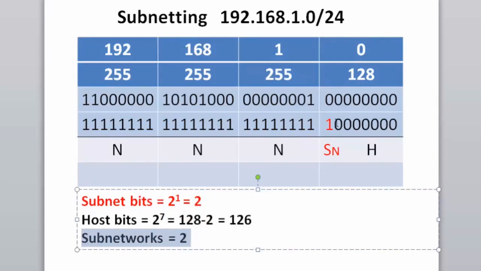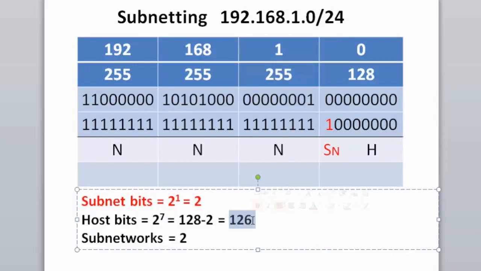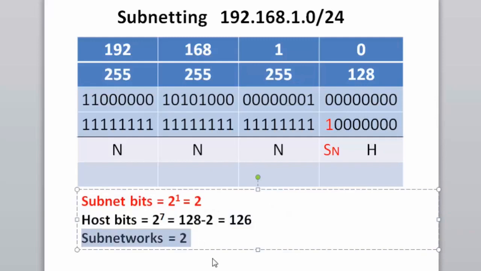For host bits, we have 7 zeros now, so 2 to the 7th power, or 128, minus 2 for the network address and the broadcast address, leaving a total of 126 possible hosts on the subnets. So by borrowing 1 bit from the host portion of the address, we create 2 subnetworks, each with 126 hosts.